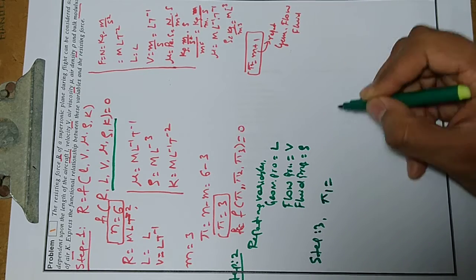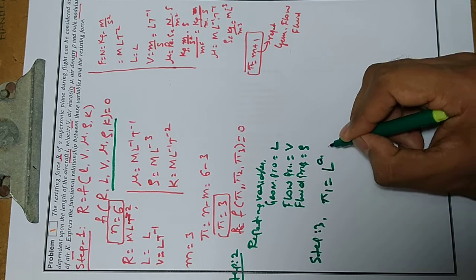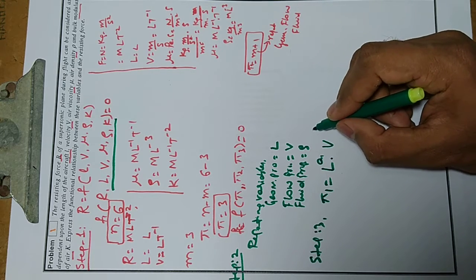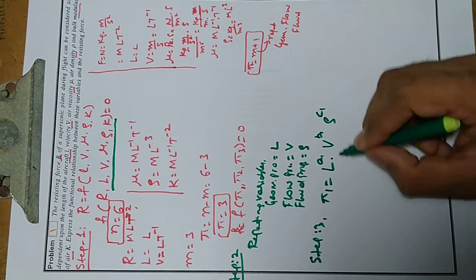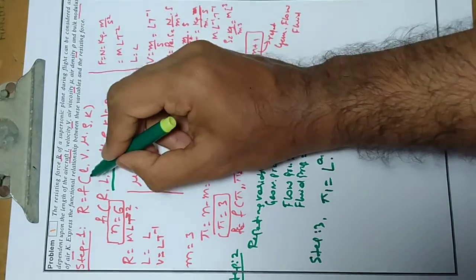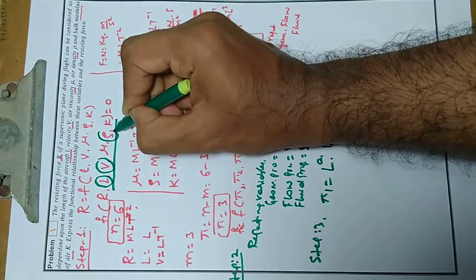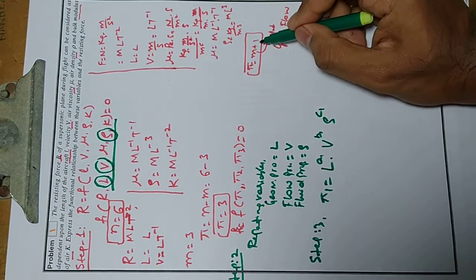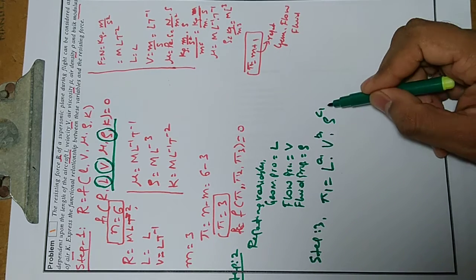See, pi 1 is equal to L to the power of a1, into V to the power of b1, into rho to the power of c1. This is the repeating variables: L, V, rho. Next, pi terms means m plus 1 terms, where m is the number of repeating variables, plus one term.